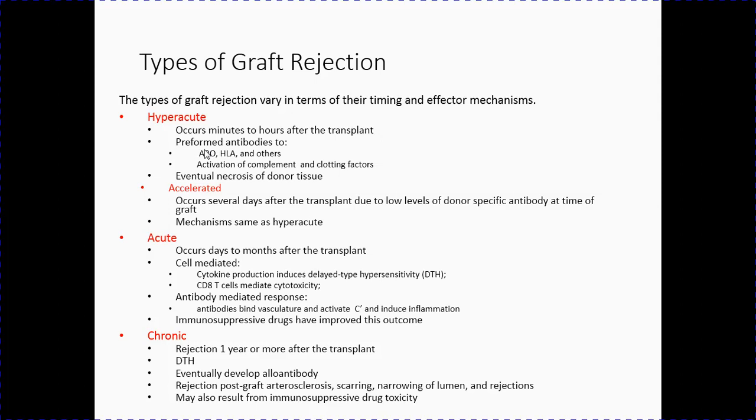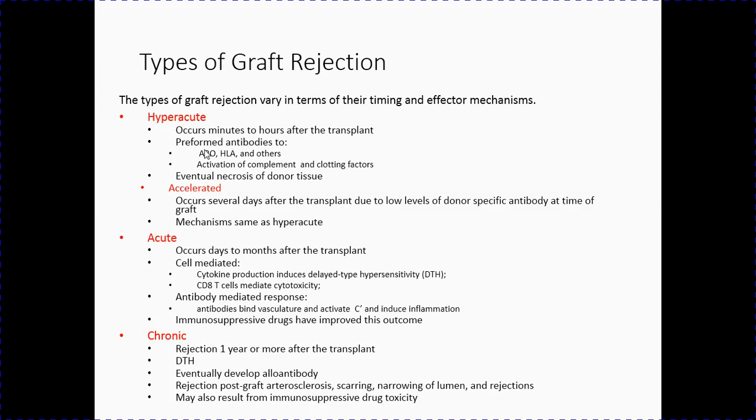And other things we saw a couple of weeks ago, how you can have preformed antibodies if you were exposed as a mother to a fetal antigen from paternal origin, and if you're exposed to a fetal antigen, you can develop an antibody to it. All of those are preformed antibodies that can, in fact, cause graft rejection.